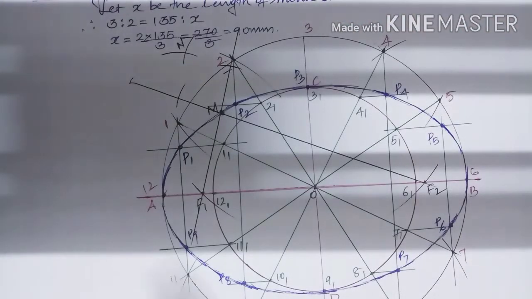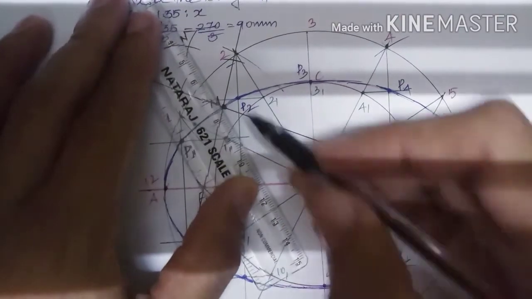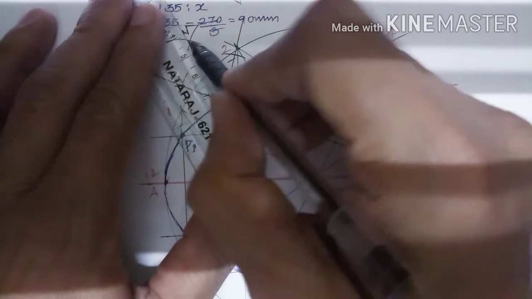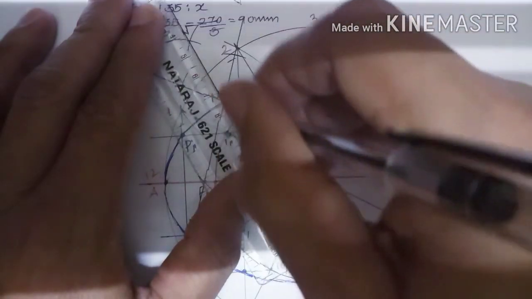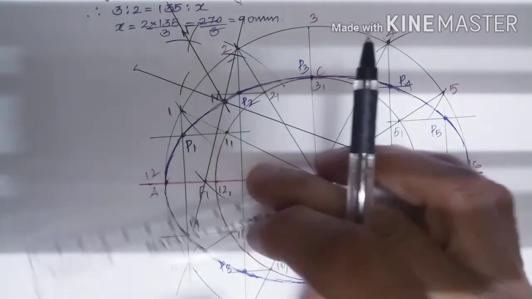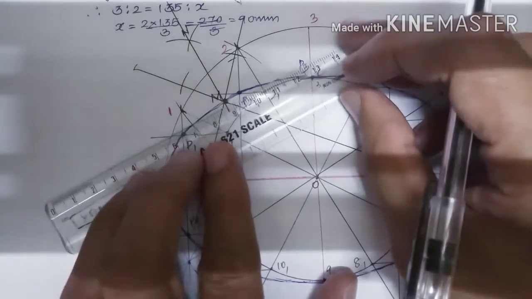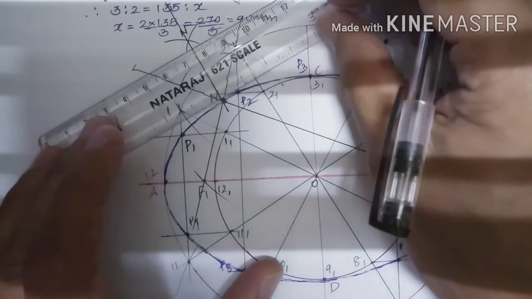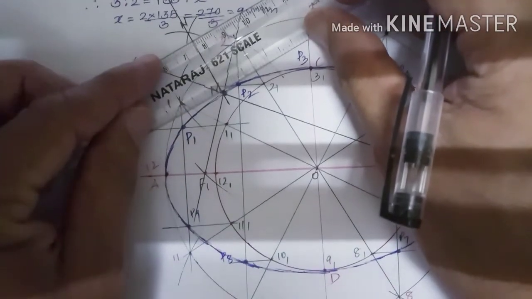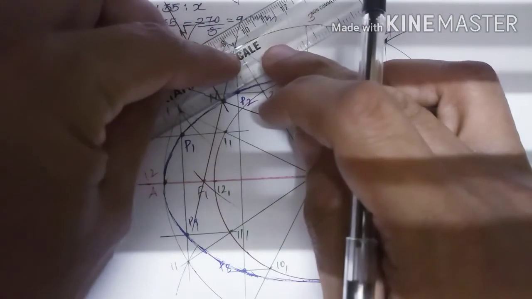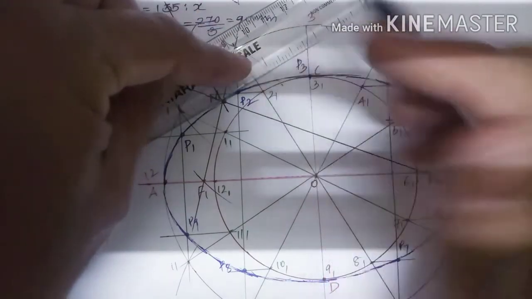Join M and N. So this will be the normal. Perpendicular to this line, you have to draw a tangent, because the angle between the tangent and the normal should be 90 degree.